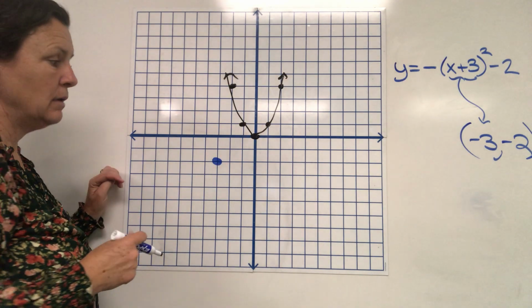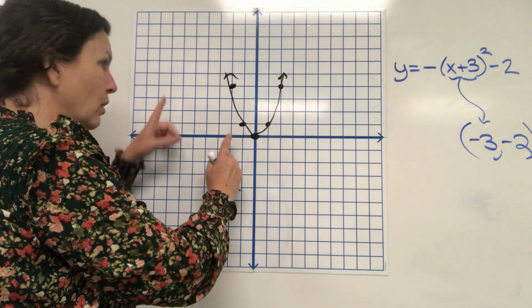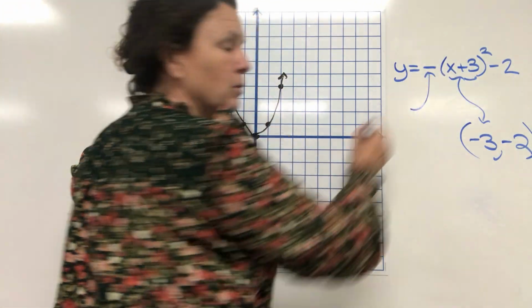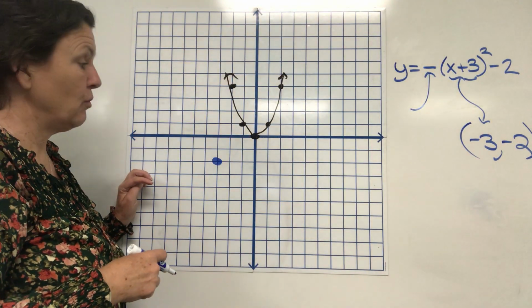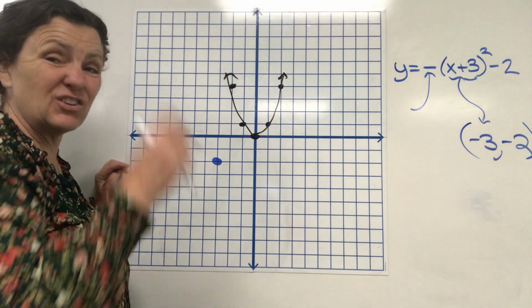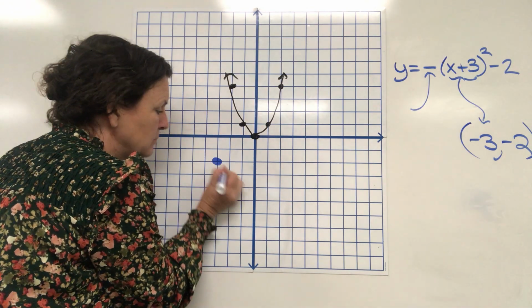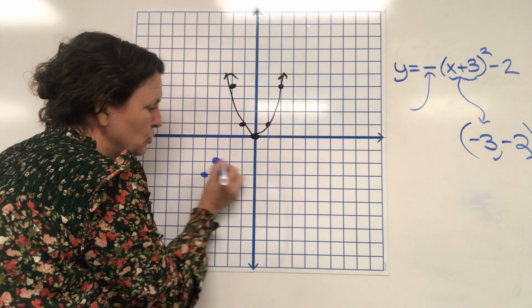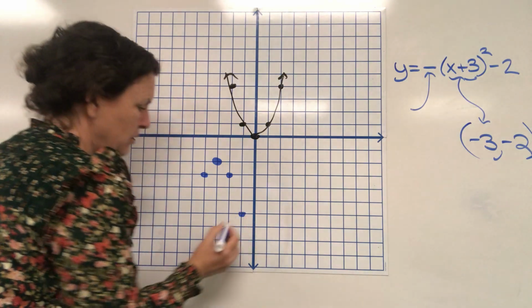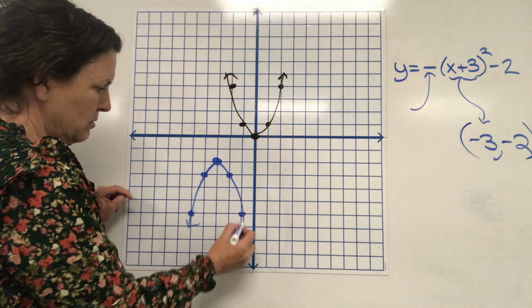Cool. Now, am I going to go 1, 1, 2, 4? No. This sucker shifted down. So that's my new vertex, but I also need to do the shift downwards. So that's going to be 1, 1, 2, 4, and his partner on the other side. Cool.